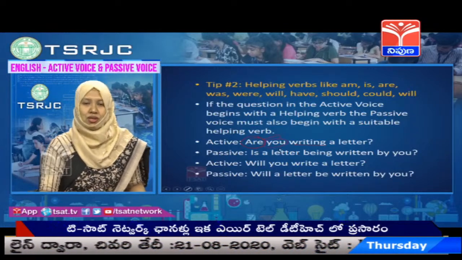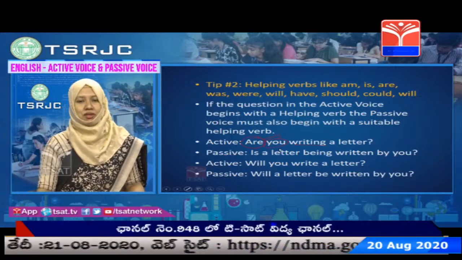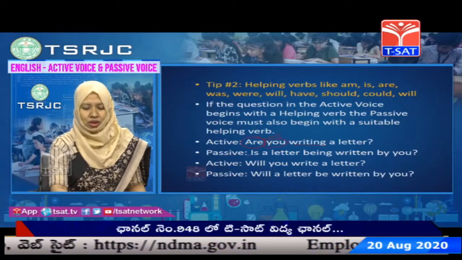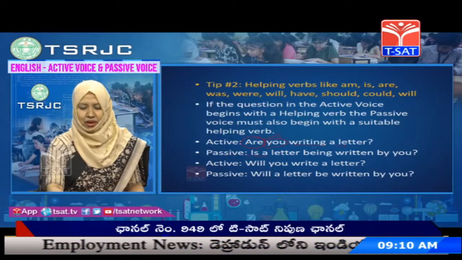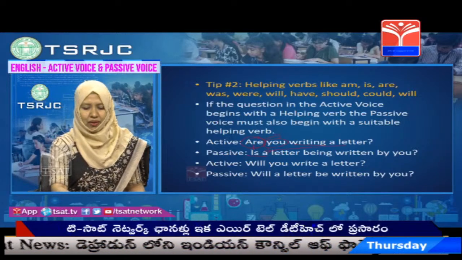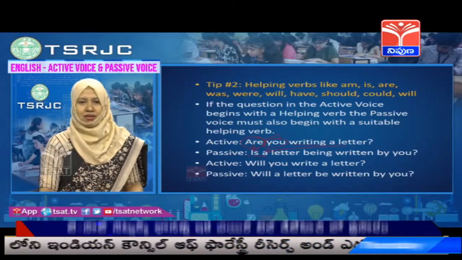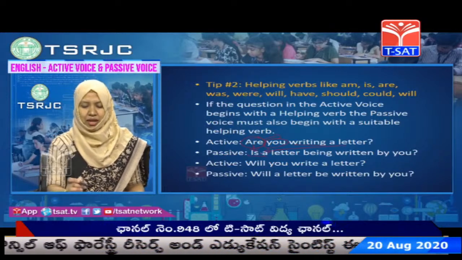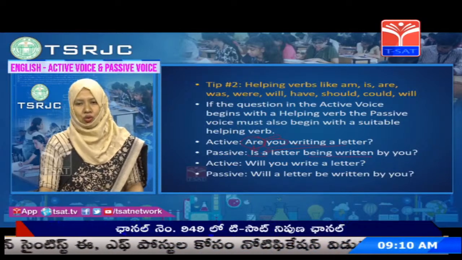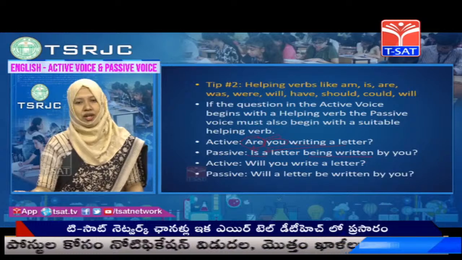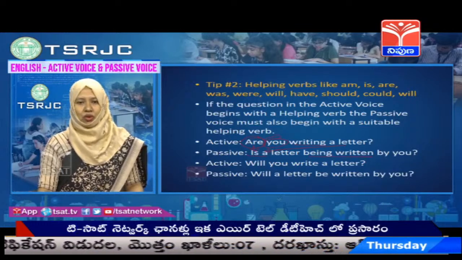Because here the subject you is one person, a single person. So, you are using a suitable verb. Is a letter, are is changed into is. A letter becomes the subject here, being written by you. This is how you change the questions into passive voice.